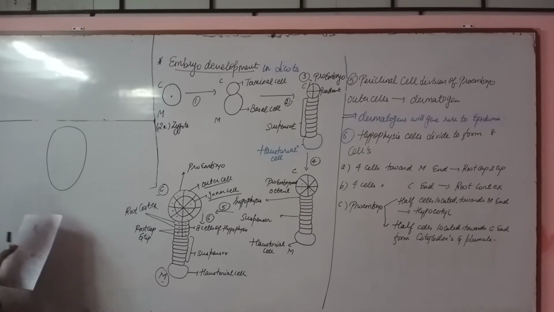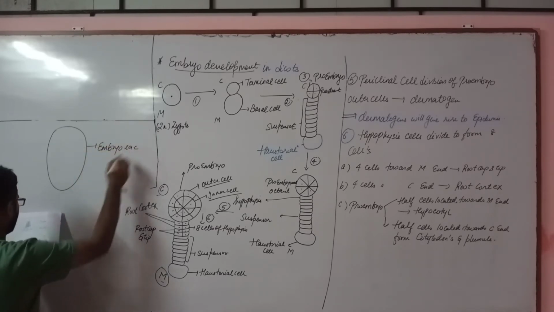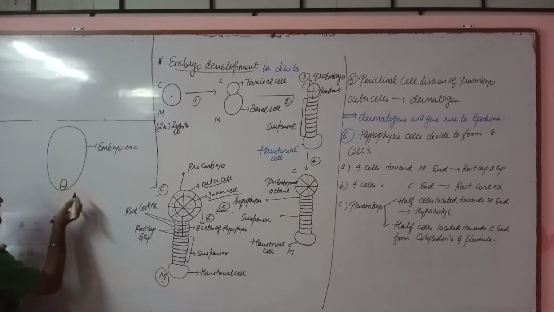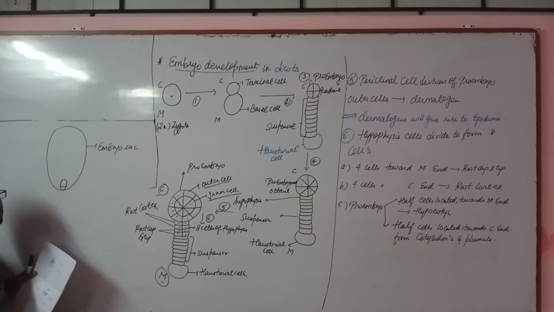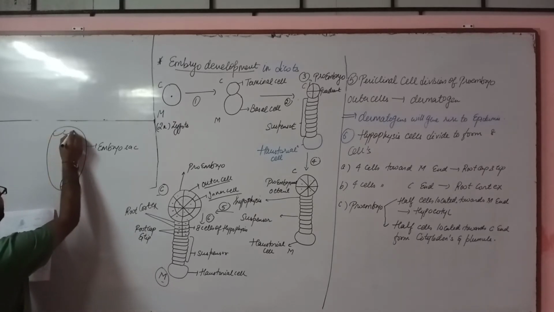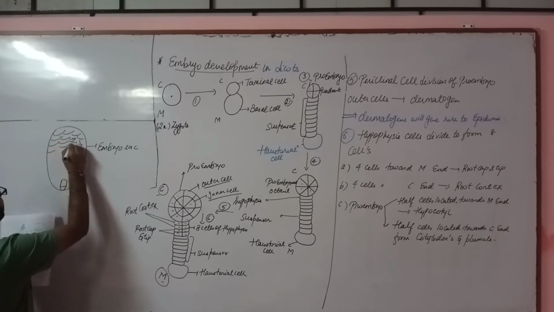This is the embryo sac, and here let us say the two cells, that is the initial one, basal cell and the terminal cell, right? And the upper part is located with the cells of endospermic cells, right?